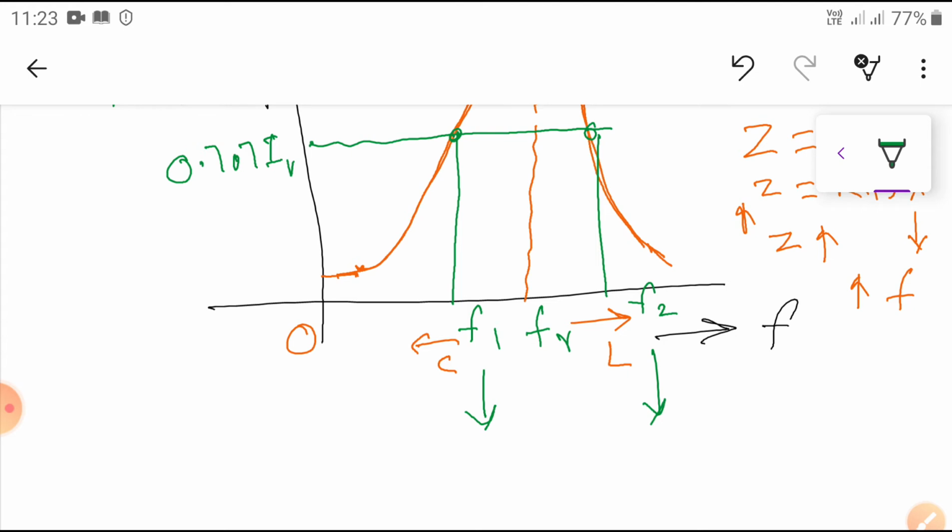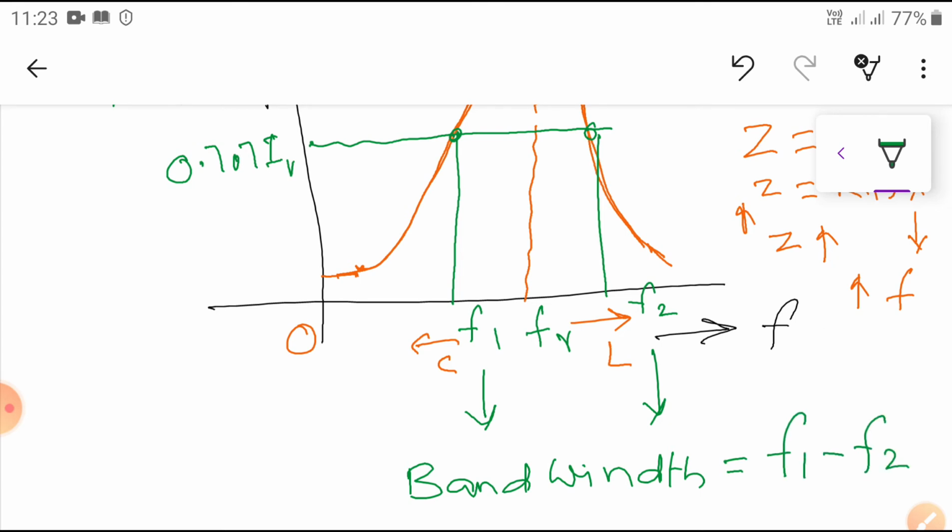Okay. Now, what is the bandwidth? Bandwidth is equal to F2 minus F1, that means the upper cutoff frequency minus the lower cutoff frequency. In between, the frequency range is known as the bandwidth. Okay.